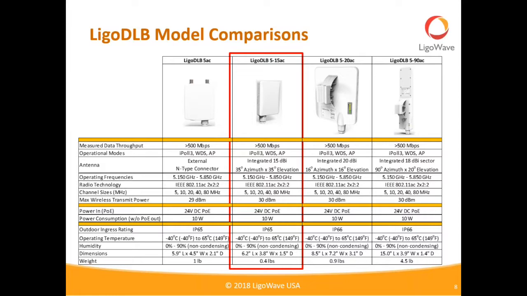And we're also going to be introducing at the beginning of June the LigoDLB 590 AC, which basically has an integrated sector antenna. So it's got a 90-degree field of view, and that's for doing point to multi-point over a wider area. So that would be your point, and you'd have the 515ACs as your multi-points.